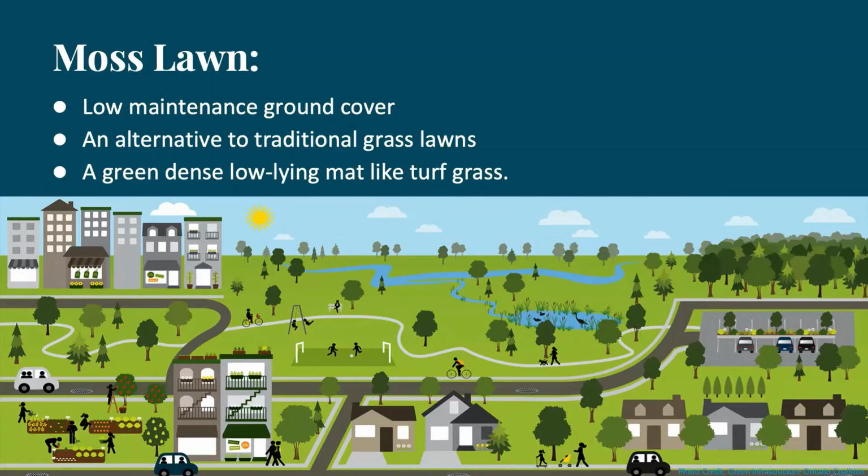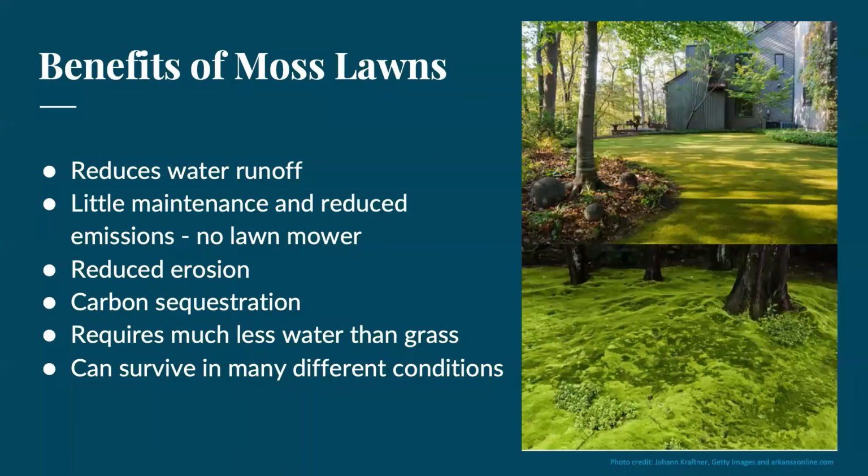When we see wildflowers, we know we have great options for our pollinators, and having moss lawns gives this dense green, low-lying mat of turf-like grassy surface, but it is quite soft and pillowy, and really no trouble to maintain whatsoever. So you can see some examples of moss lawns there in the pictures, and they look really beautiful.